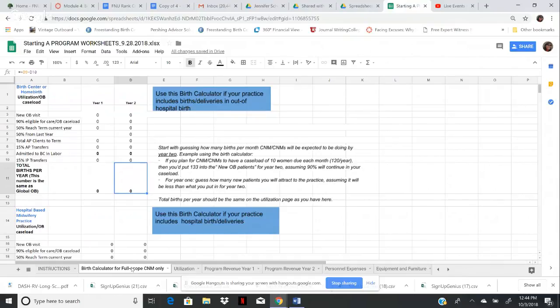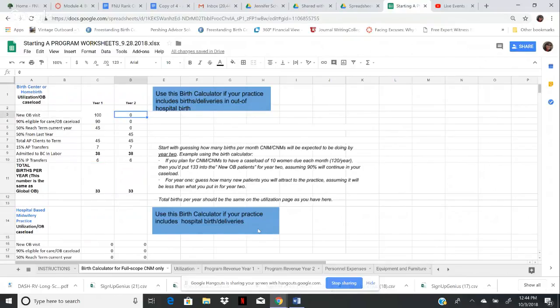So that is what that is. Now, this will populate with you putting in a number of new OB visits. It will take into consideration all of the different transfers, those patients that are ineligible for care at the beginning, etc. So it'll come out with a final number of deliveries.